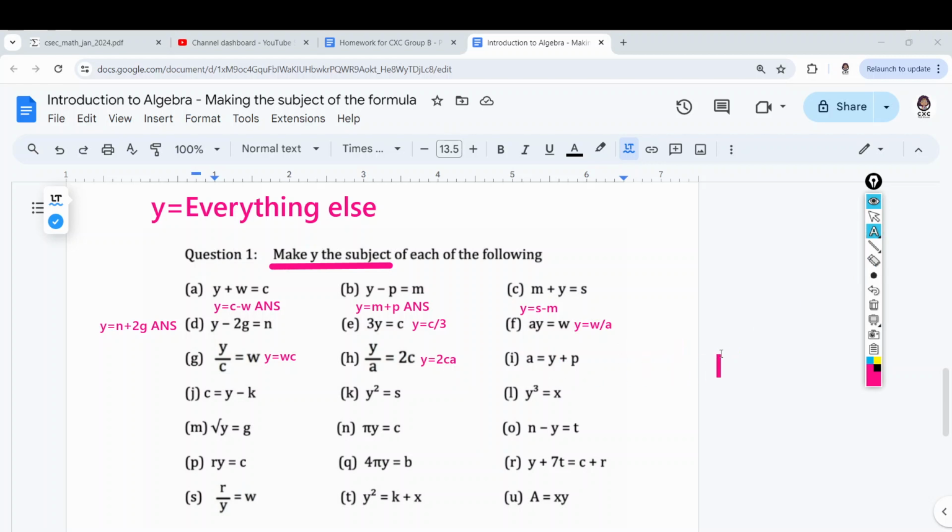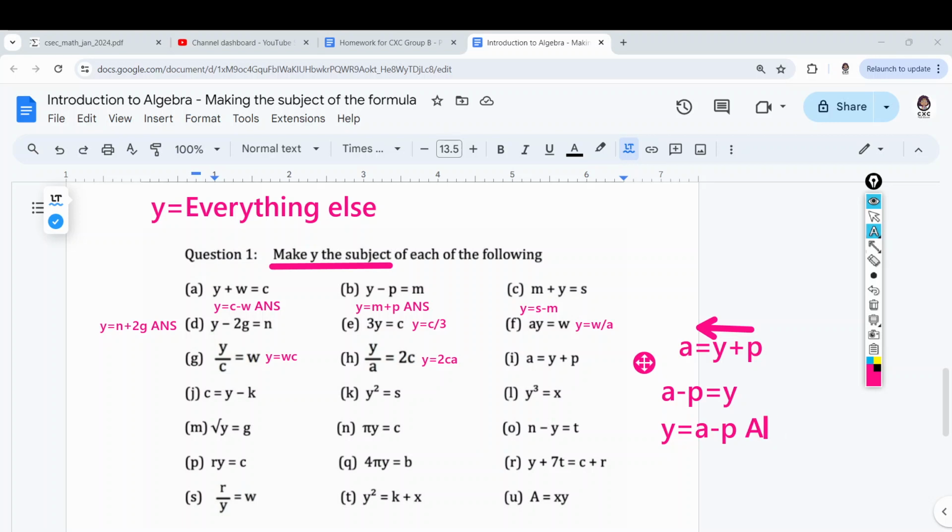A is equal to Y plus P. So this is really easy. We have A is equal to Y plus P. So all we need to do, guys, is just carry the P over to the left side. And that would give us A minus P is equal to Y. And we can write that the other way around, which is Y is equal to A minus P. And that would be the answer.